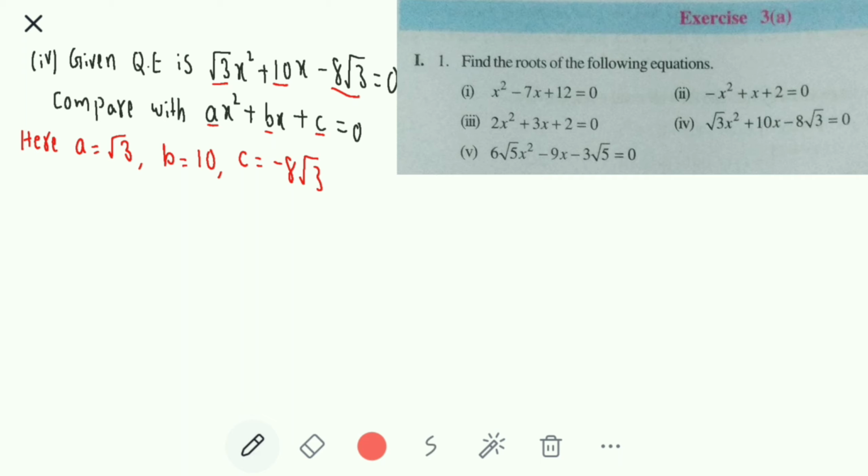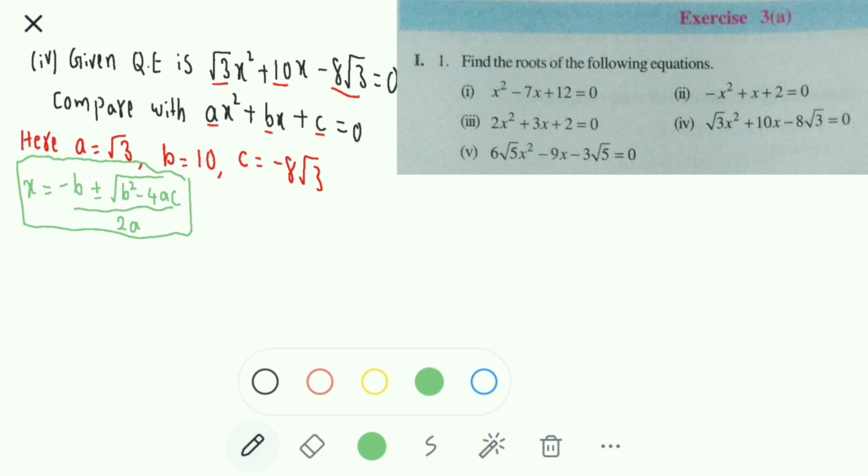To find the roots of the quadratic equation, we have the formula, that is x is equal to minus b plus or minus under root of b square minus 4ac by 2a. This is our formula. So in this formula, we have to substitute a, b, c values.